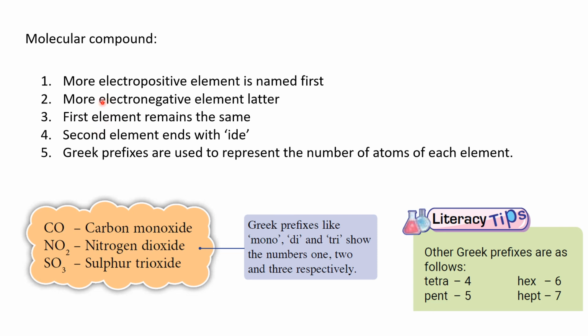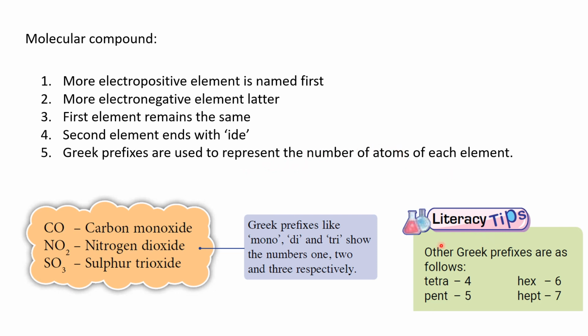Okay, so these are the steps on naming molecular compounds. The first one: the more electropositive element is named first, the cation, and then the more electronegative element later. The first element remains the same, and the second element ends with -ide, like monoxide, dioxide. Greek prefixes are used to represent the number of atoms of each element.